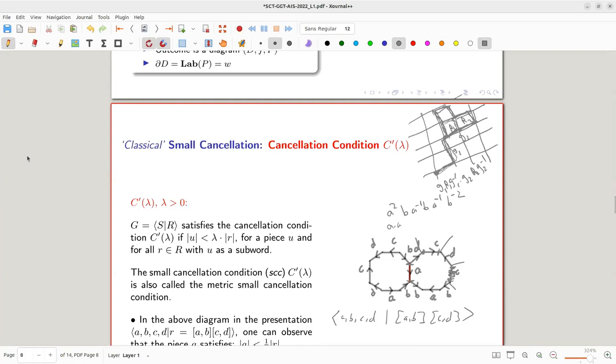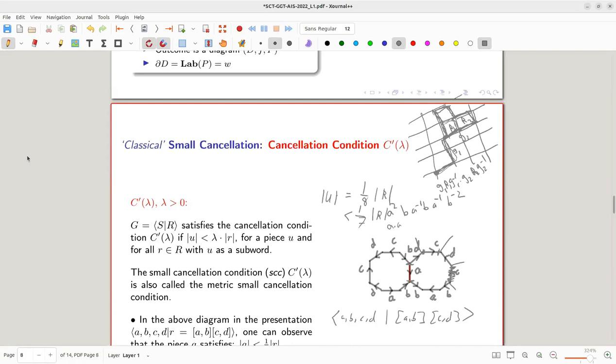We can see that in this case, the length of the piece is equal to 1/8 of the length of the relator, right? Because we have 8 edges and the piece is 1 edge at most. So it is equal to 1/8.